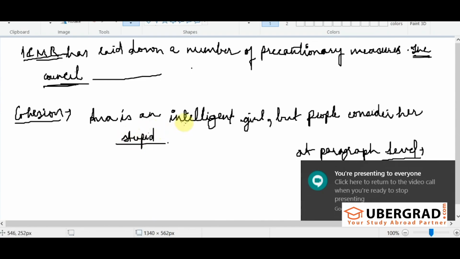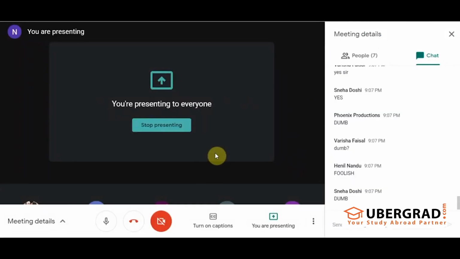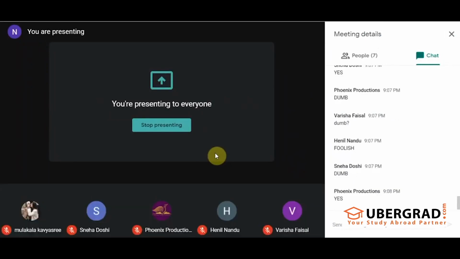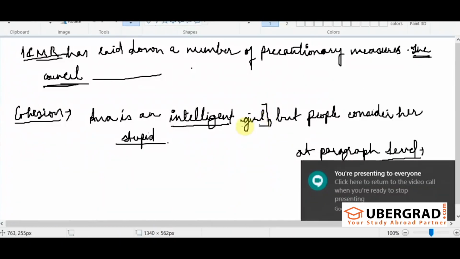So what we are trying to do is, we are trying to use an opposite word of intelligent. We are trying to use an antonym of intelligent, guys. Yes? Okay. How did you get to know that we have to use an antonym over here? Because of the use of the word but. So what I can do is, if I break this statement into two parts.